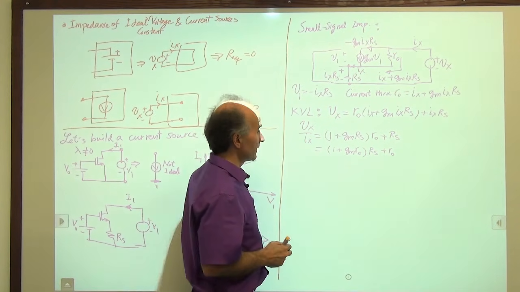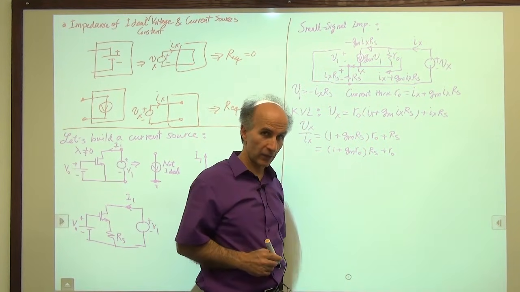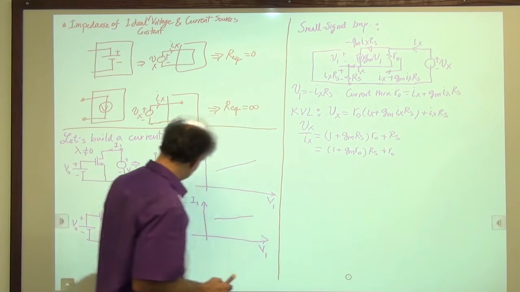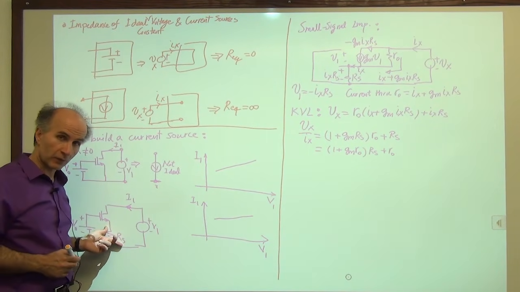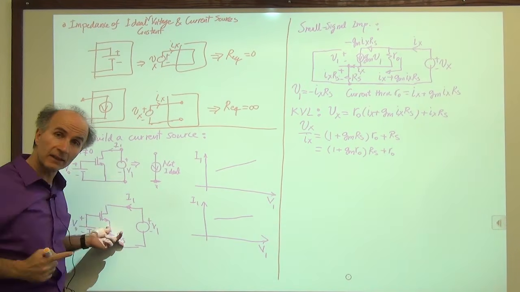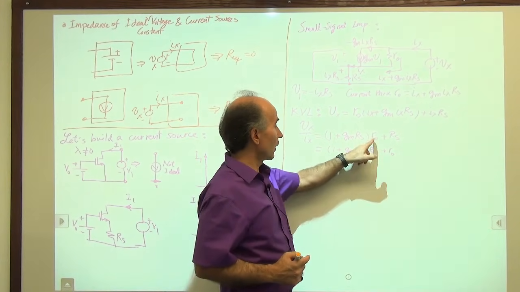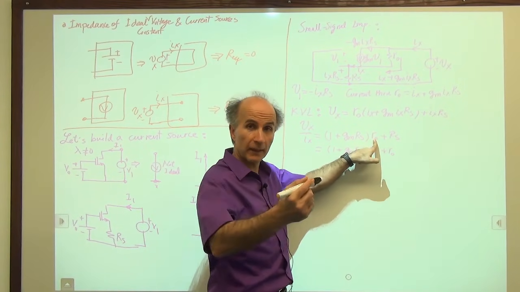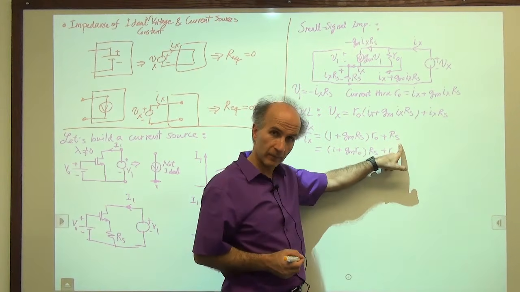Okay, so this says that as a result of degeneration, the output impedance of the current source, which used to be RO, has risen to this value. You can say RO has been boosted by 1 plus gmRS, and then we add another RS.